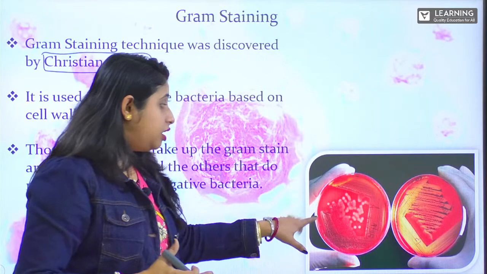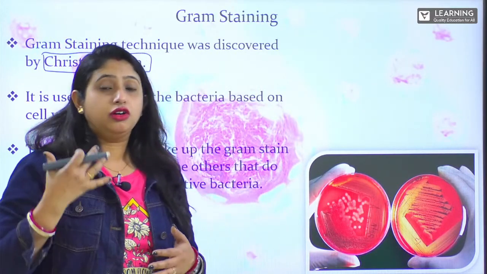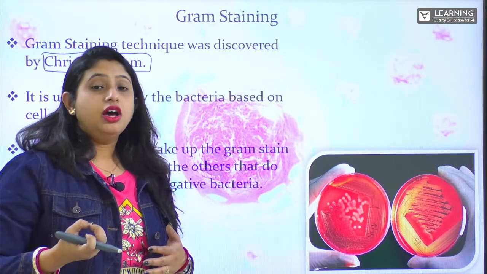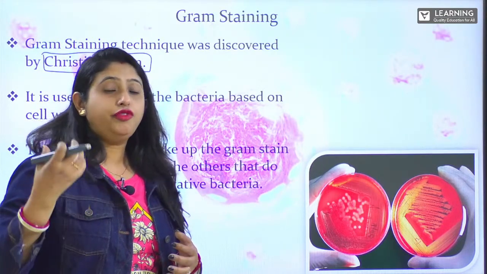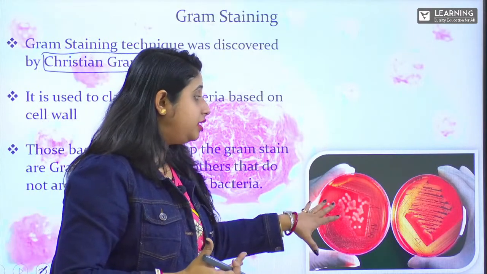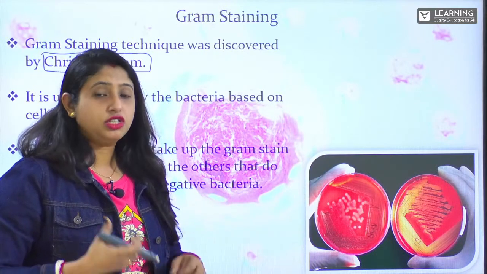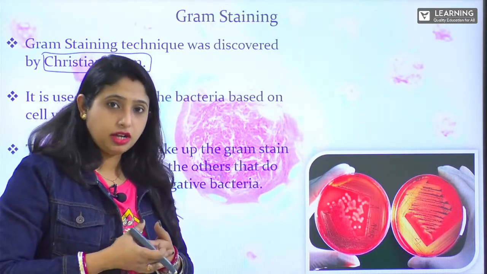You can see these petri dishes. The bacterial colonies are basically grown in the petri dish. Inside the lab we have to use a matrix where we can grow the bacterial colonies. Generally agar is used as a matrix for the culture of bacterial colonies.